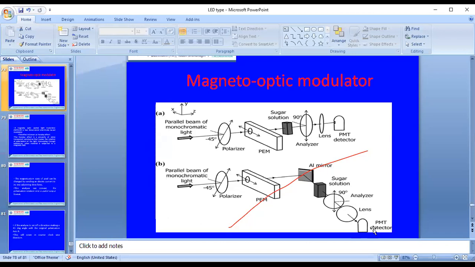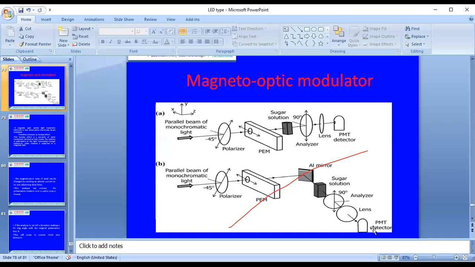In the photomultiplier tube type of detector, the radiation signal is converted into an electrical signal. In all the optoelectronic fiber optic modulators, we can take either the Kerr effect or the Pockels effect. In both effects, we can take the electro-optic modulator or acousto-optic modulator. So the acousto-optic or electro-optic modulator takes the output by changing the refractive index only.